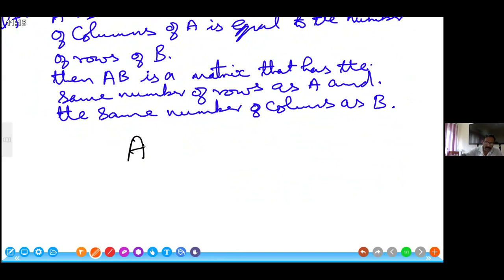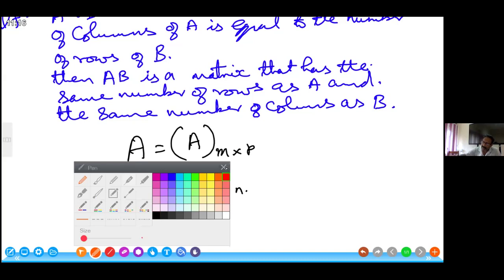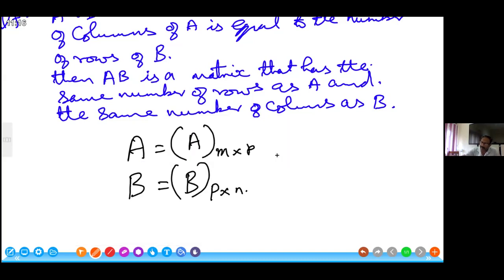This can be expressed in mathematical form. So matrix A is indicated with the size M into P, whereas the second matrix B is given as P into N. So the number of columns in the first matrix should be equal to the number of rows in the second matrix when you multiply.